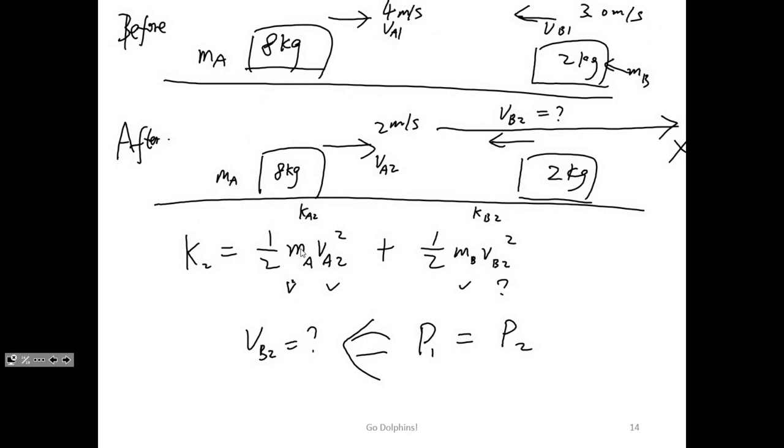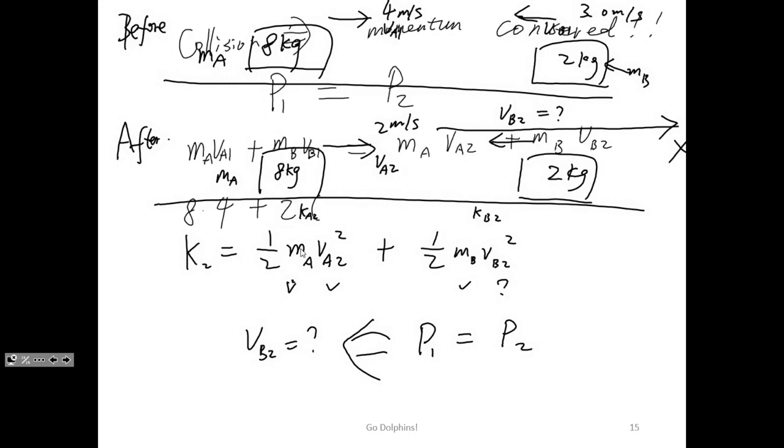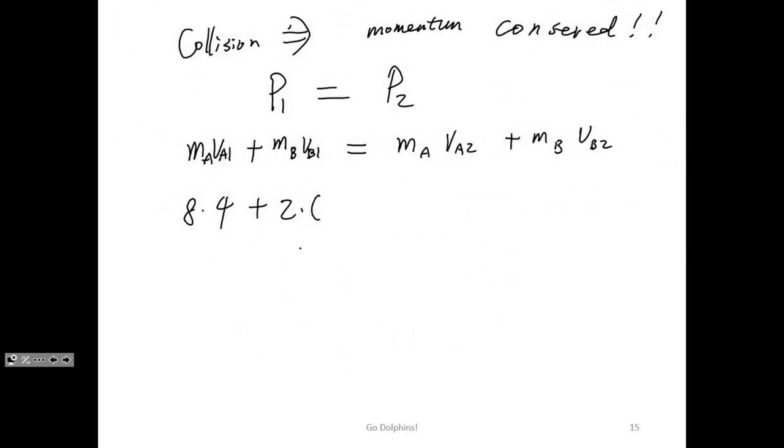So actually before the collision object B is moving in the negative x direction. So the initial velocity VB1 actually is -3. MA is 8. After the collision it is 2 meters per second. And B is 2. So we have one equation, one unknown variable. We can just solve it.